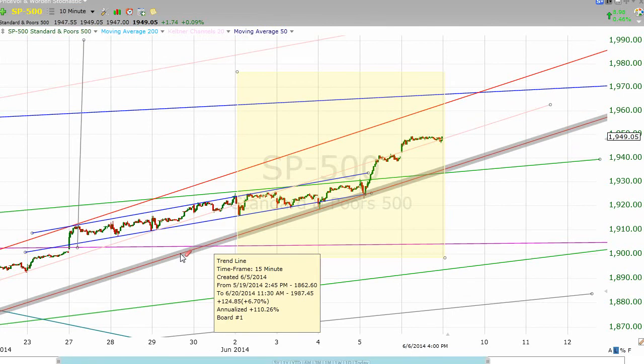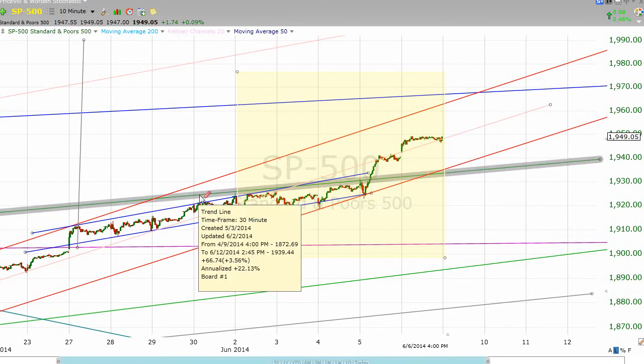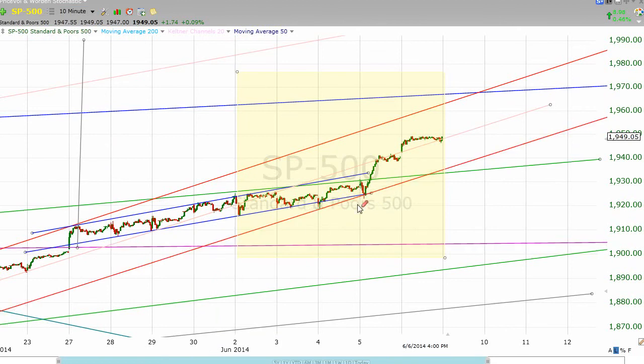And I mentioned that by the end of the week, we would either have to, and I don't think these were my exact words, but the sentiment still works, it's either time to poop or get off the pot, because this line, which I was expecting for resistance, you can see we hit that early Thursday and then came back to this line, but then we took that line out, and here we sit at 1949, having fulfilled that 1940s target that I'd been calling for up until about 3 or 4 weeks ago.